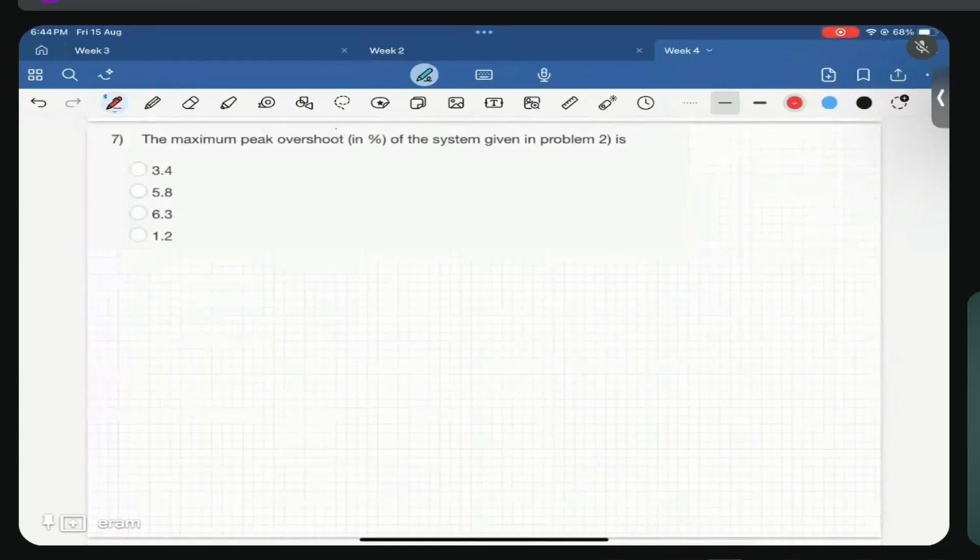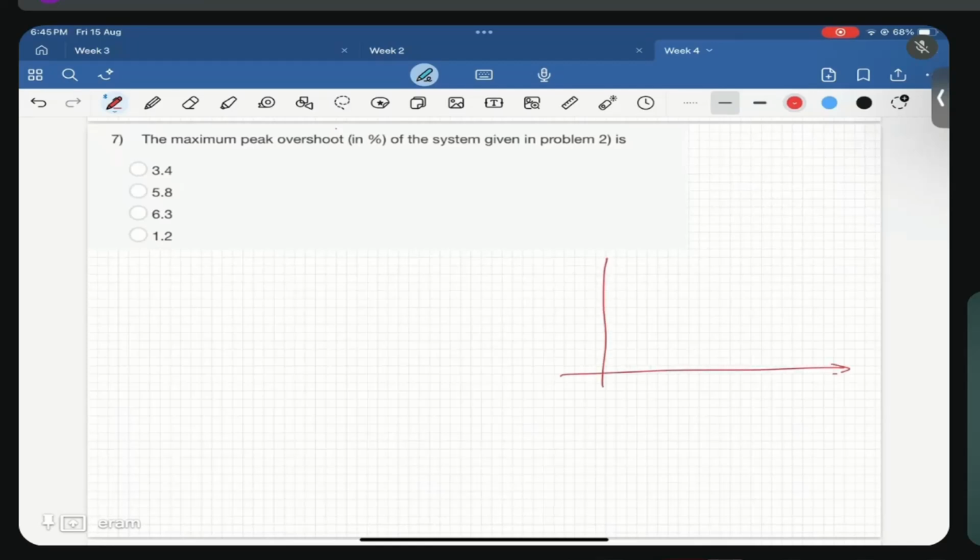So you have to calculate how much the overshoot is happening with respect to the steady state value in percentage. Again, if we draw the response, this is the peak value.